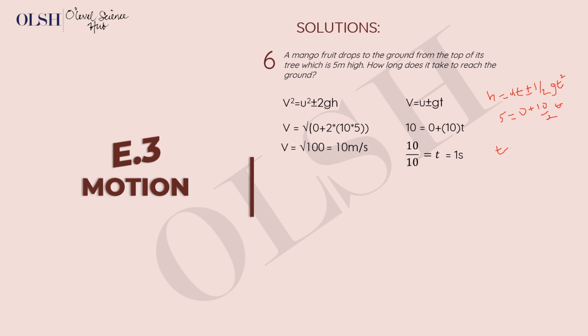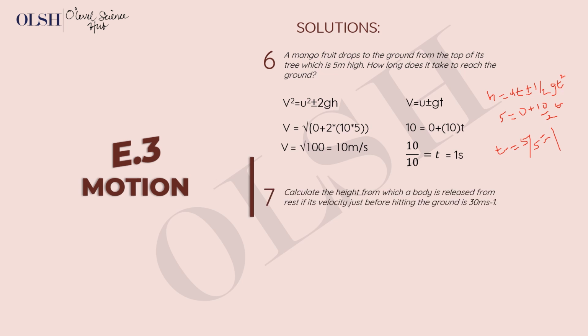So if we make t the subject of formula, what we'll have is 5 divided by 5, which equals 1. So that's how we can solve it in a more straightforward way than using two different formulas.